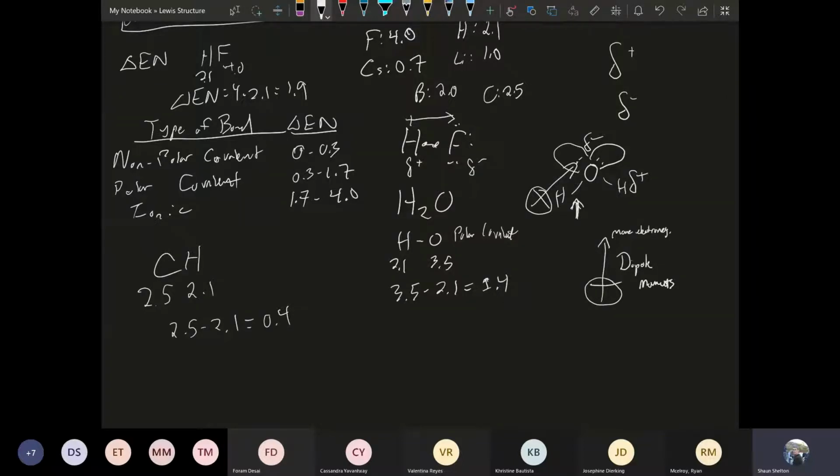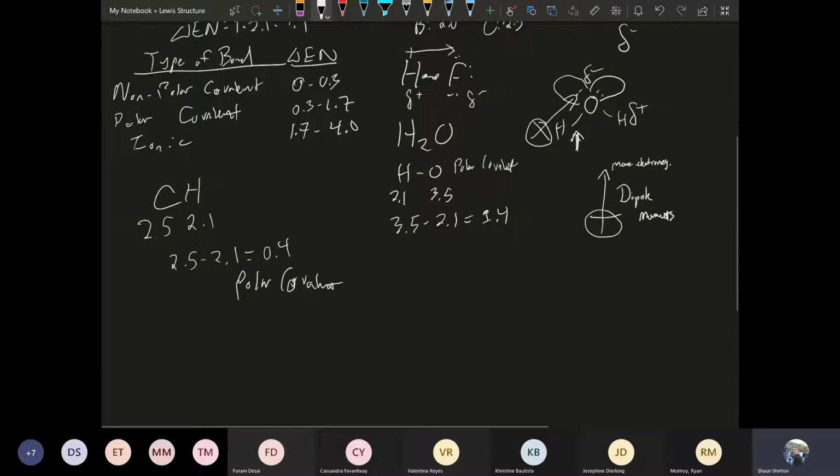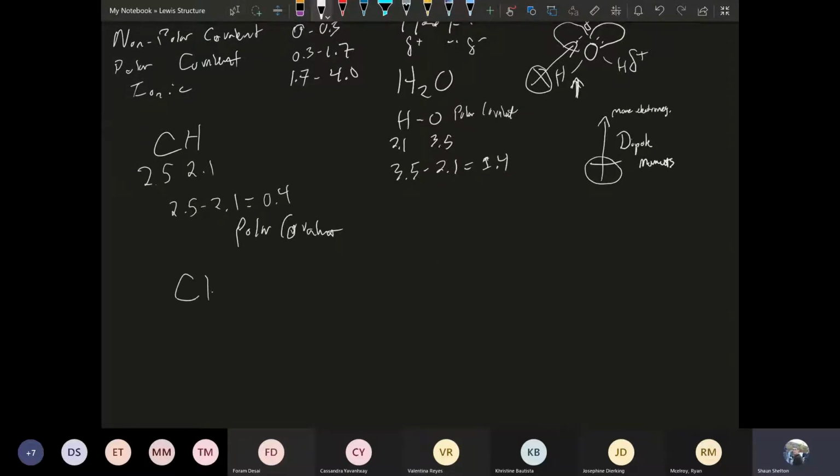So that fits right into the polar covalent section type. So that gives you a polar covalent bond. So when we look at the compound CH4, carbon has 4 valence electrons. Hydrogen has 1, so you're going to put a hydrogen. I'm going to just go ahead and draw a bond in between the hydrogens and the carbon here.